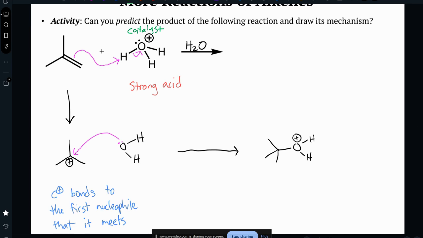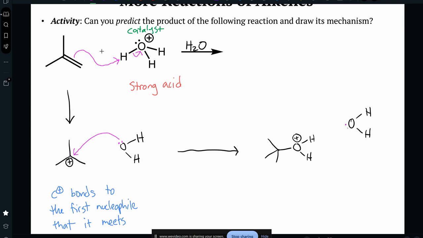I'm going to do a step now that regenerates H3O plus. Anytime you have a catalyst in a reaction, it will speed up the reaction without getting used up. And since H3O plus was a catalyst, it can't get used up. So I need to regenerate it in this last step.